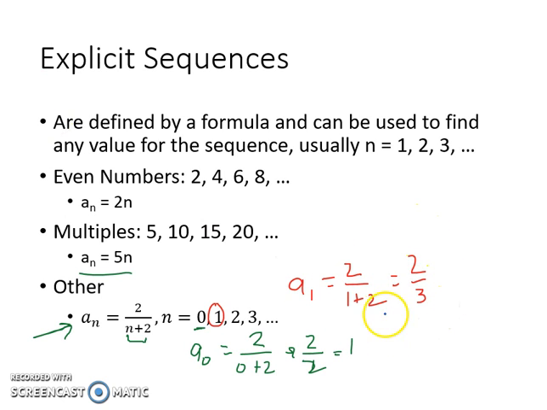A sub 2 would equal 2 over 2 plus 2, which would be 2 over 4, which gives us 1/2. And so it would just continue in that method. So we have 1, 2/3, 1/2, and then we'd have 2 over 5. So just keep going in that way. So I hope this helps you with explicit sequences.